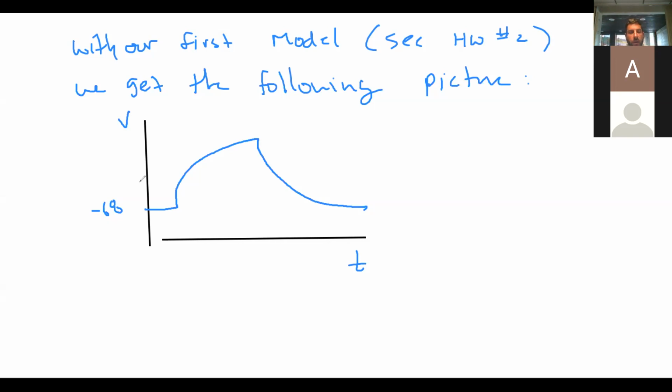So if we want to get a more accurate model, we need to study not just chloride and voltage, but we need to study, like, okay, the sodium, we need to study potassium and the chloride.